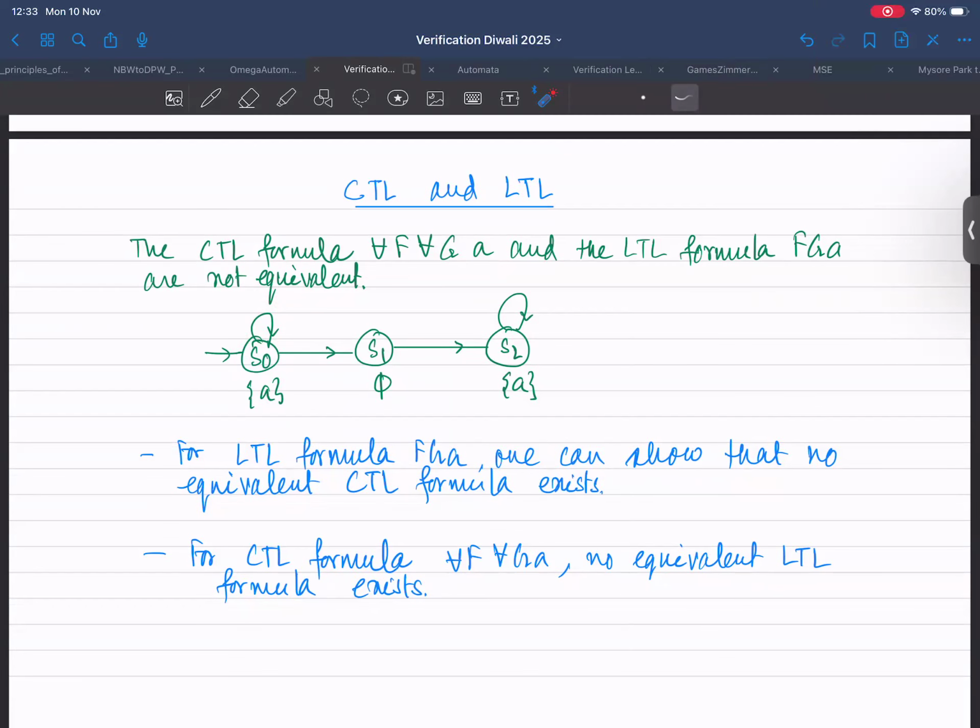If it stays in S0, then it's not going to be globally A. So if you consider this path S0 omega, then what happens is, eventually for all paths globally A is not true, because for this path there is no such point such that along all successors you will have A always, because there is always a successor where A is not satisfied. Clear?